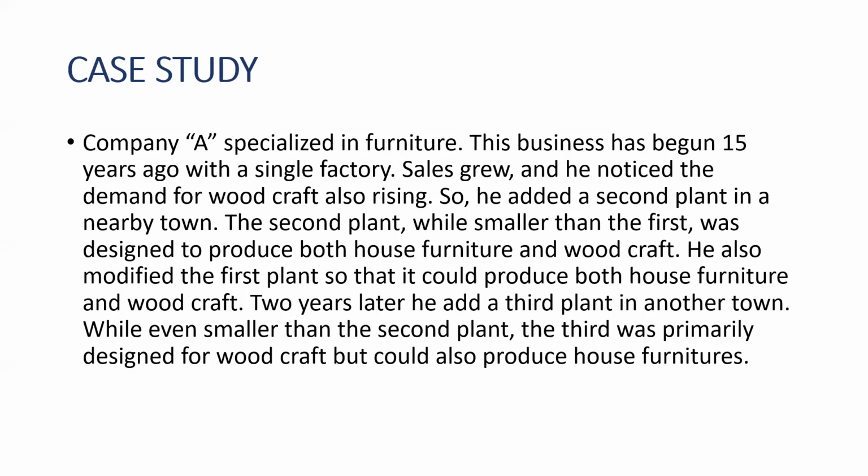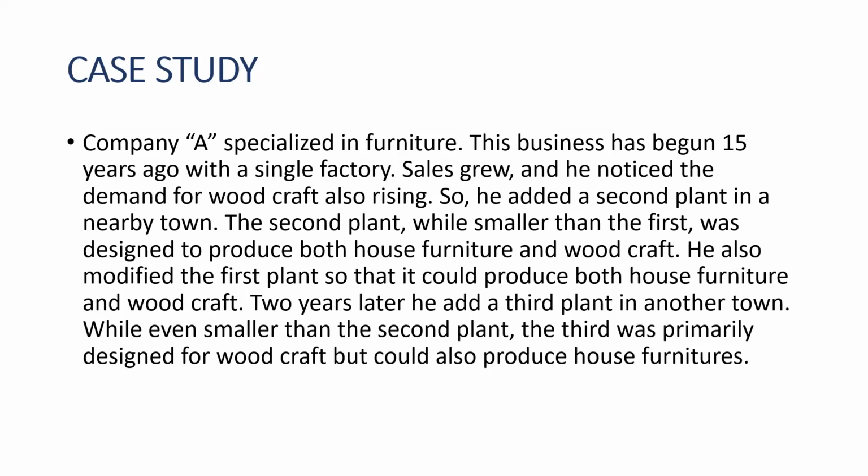So we are trying to draw a production possibility curve for this particular case. In that case, we know that we can only draw a production possibility curve for two alternative products. So here we have two products. One is the house furniture and the other is the woodcraft. So we should choose the x-axis for one product and the y-axis for the other product. And we should assume that all the factors of production and the technology are fixed for both of these productions.